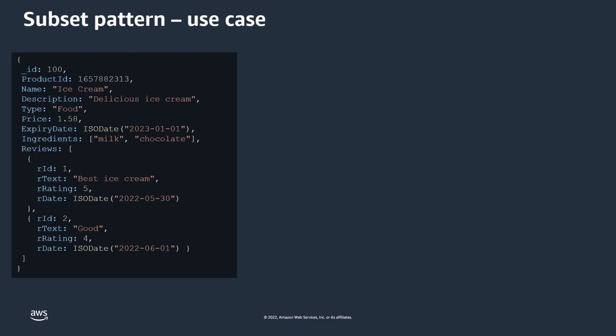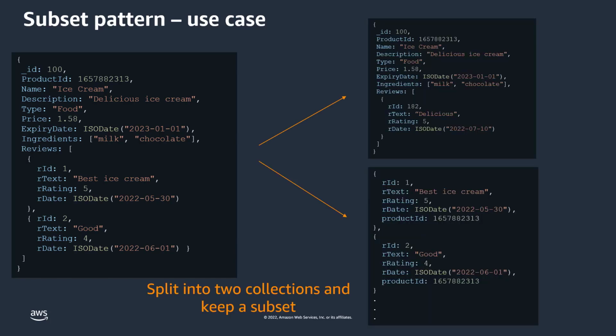So if we take the example of the popular ice cream product, instead of storing all the reviews with the product document, we can split into 2 collections. One collection would have a subset of the data, the most frequently used data, for example, the most recent reviews, and the other collection would have the less frequently used data, for example, the old reviews.